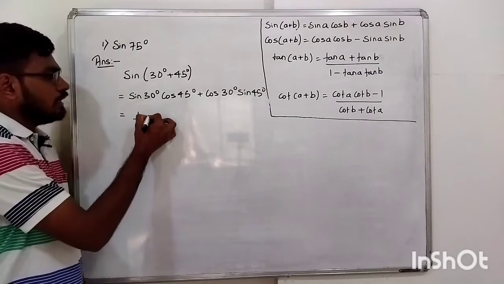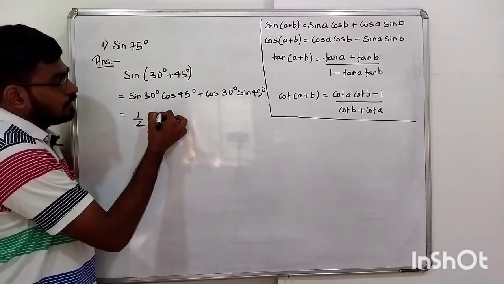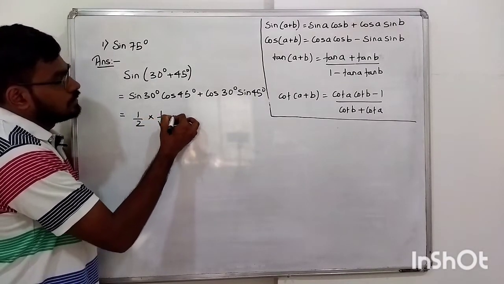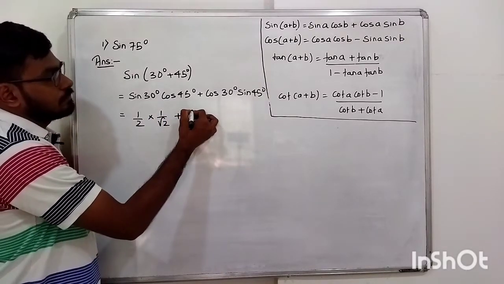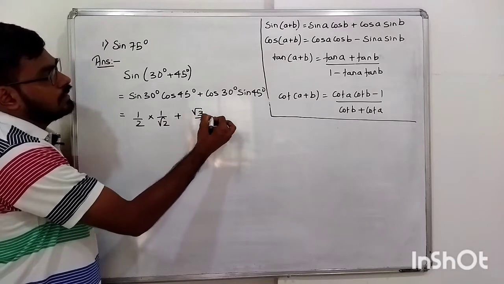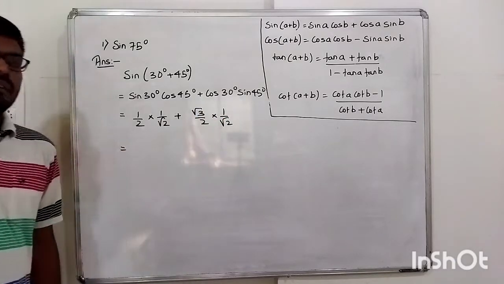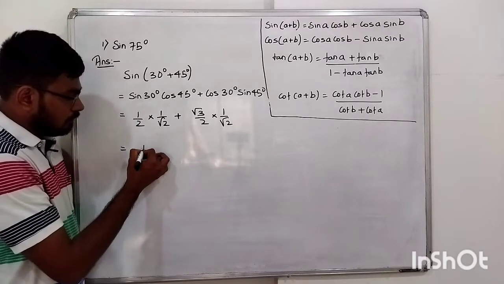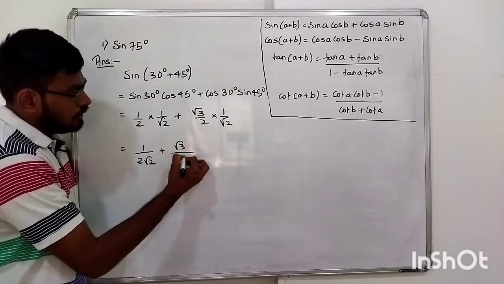Next, cos 45 is 1 upon root 2. Then cos 30 is root 3 by 2 and sine 45 is 1 upon root 2. Next, 1 upon 2 root 2 plus root 3 upon 2 root 2.